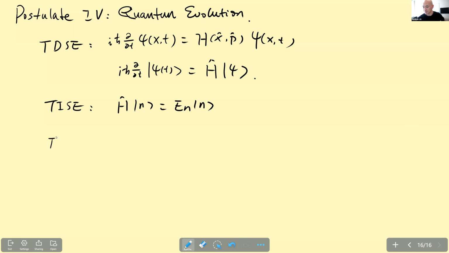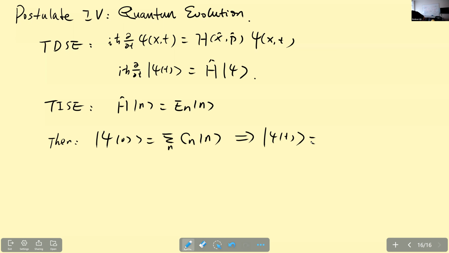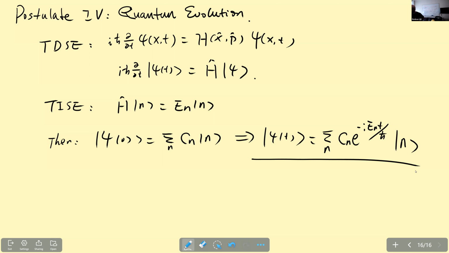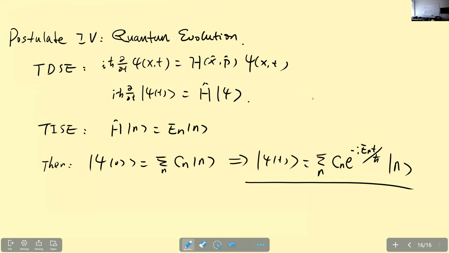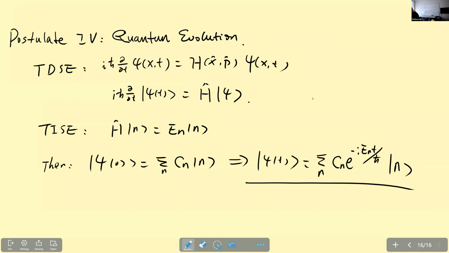And then, if we have psi(0) equal to the summation over m of c_m |m>, then we have to know that psi(t) actually can be easily obtained by the linear nature of these operators, right? That equals to the summation over m of c_m e^(-i E_m t / h bar) |m>, right? So this gives us the solution, okay? Okay. So that's the one thing we have learned, okay?